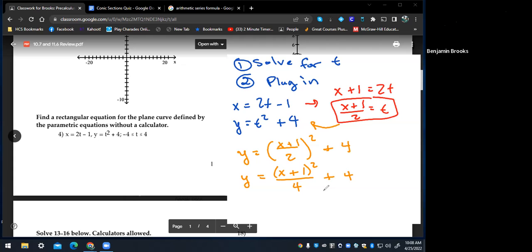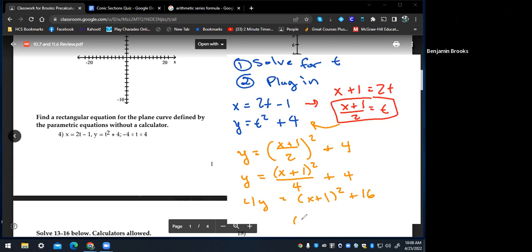What could I multiply by to get rid of the fraction? 4, exactly. So 4y equals (x plus 1) squared plus 16. And yes, I could square root, but what if I wanted to just get (x plus 1) squared by itself?